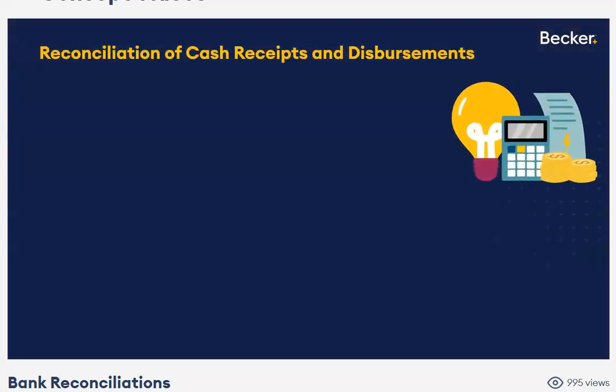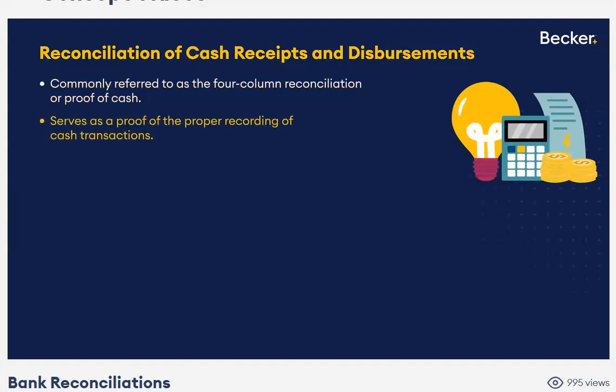Alrighty, now something that's probably less familiar. You probably just have to recognize it. What's a reconciliation of cash receipts and disbursements? You're going to see it's a 4-column reconciliation, or what they call a proof of cash. You have last month's balance, then things that have been collected, things that have been paid, and then this month's balance.